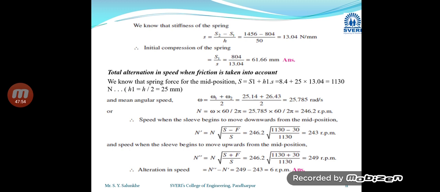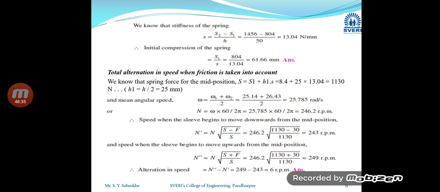When we multiply the stiffness by displacement, we get the force. Here we have to calculate displacement, so that's why we have to divide the force by the stiffness. You can take your own time and rewrite the equation for the stiffness and easily understand it. So force divided by stiffness will be the displacement, and that we get as 61.66 millimeter. That will be the initial compression given in the spring.